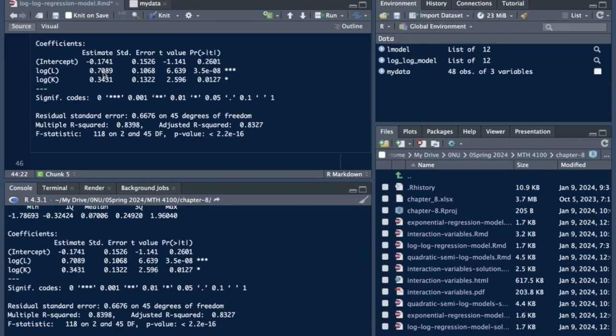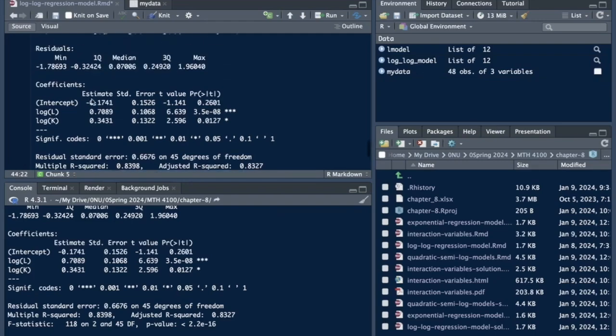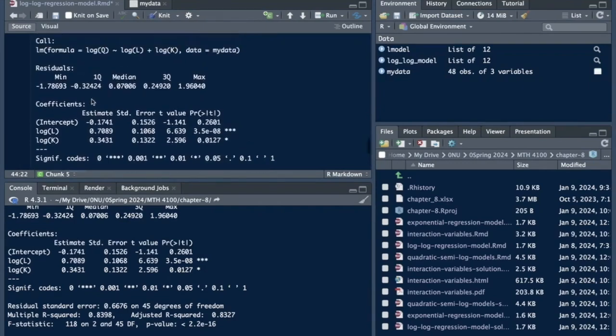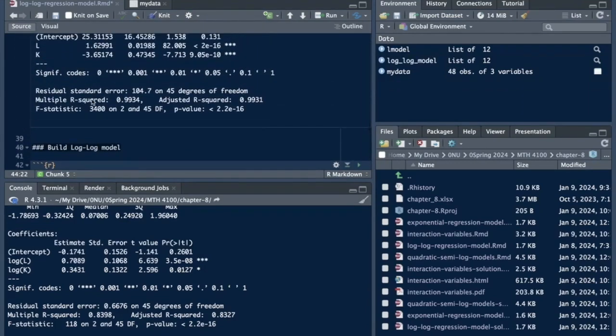The interpretation is that a 1% increase in L is associated with an estimated 0.70989% increase in the predicted output, assuming the capital remains constant. So if you increase the labor by 1%, you could predict an approximate 0.71% increase in the predicted quantity, Q, which is the output. This is the interpretation and the answer to the question.